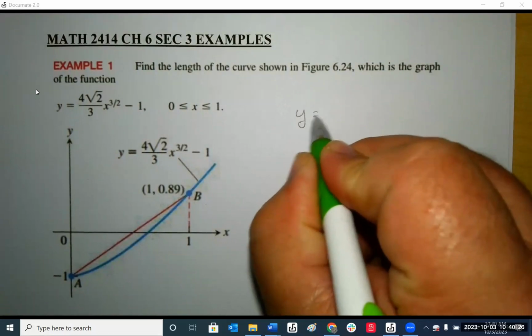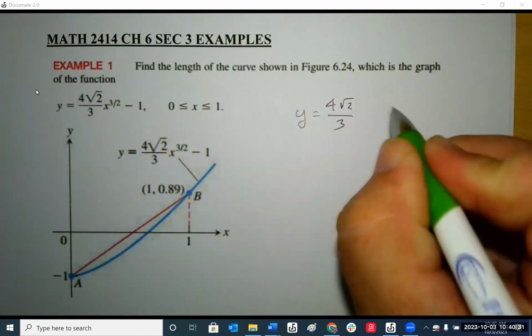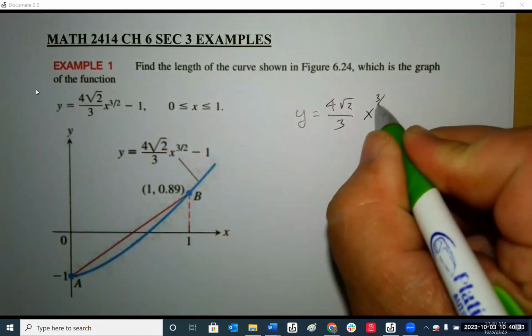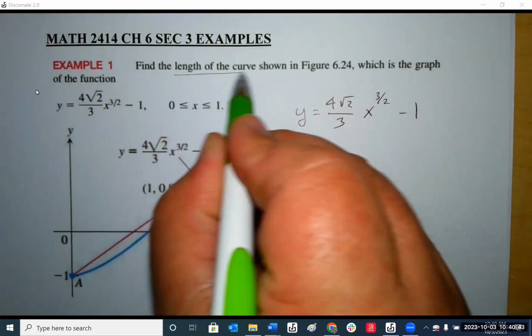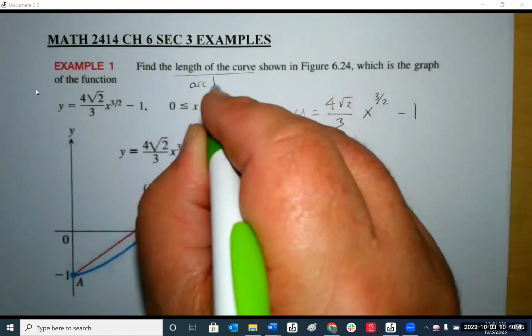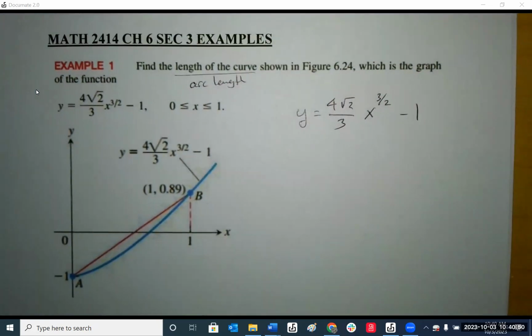We have our y. What formula are we using to find the length of the curve? This is the arc length. What's the formula for arc length?